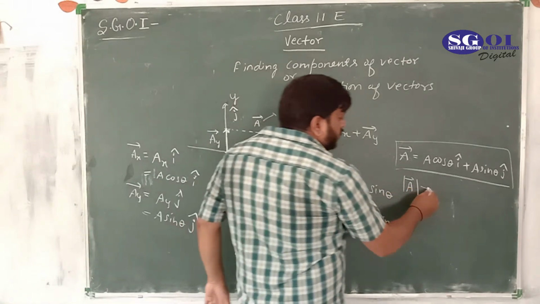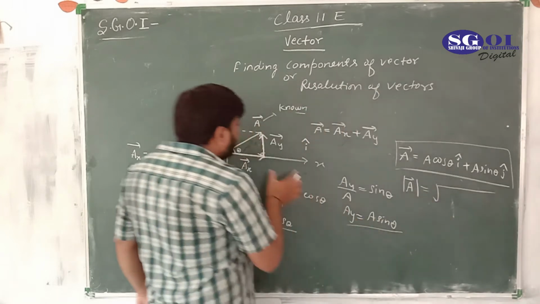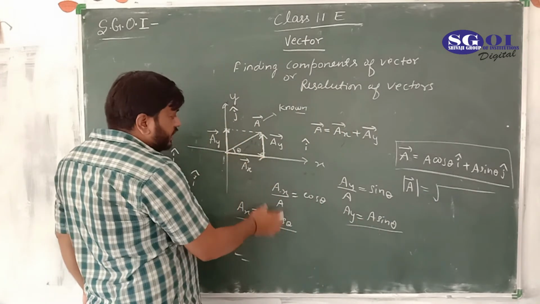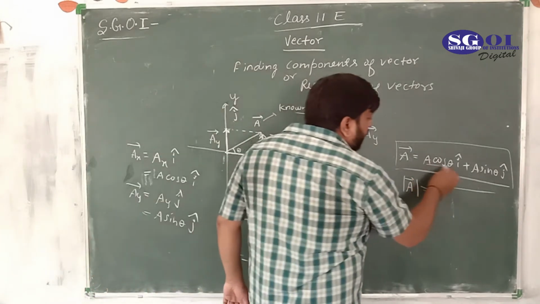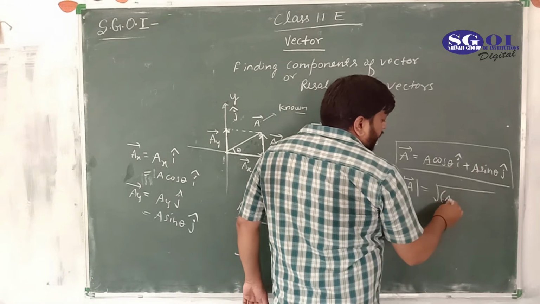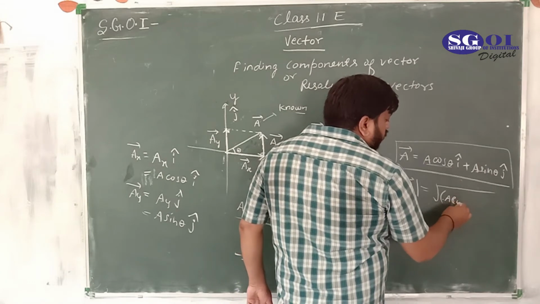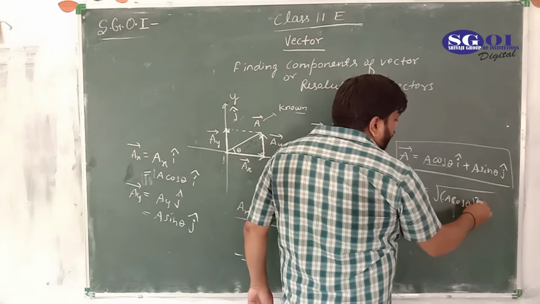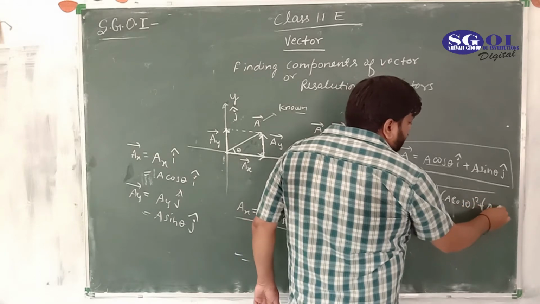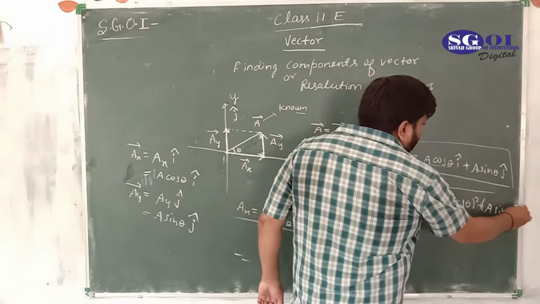So it is the square root of: what is this length? A cos theta. What is this length? A sin theta. So it is the square root of (A cos theta) whole square plus (A sin theta) whole square.